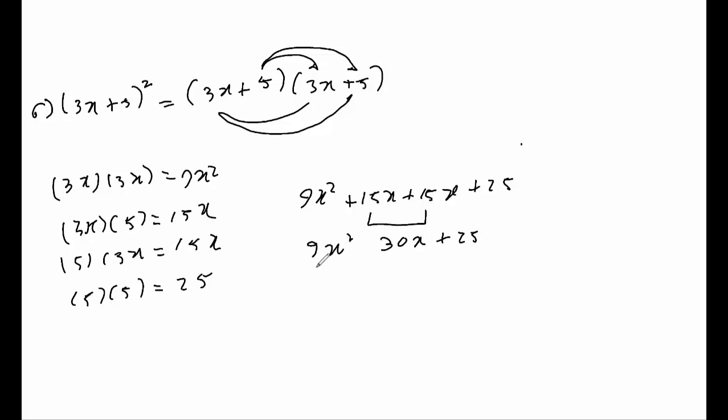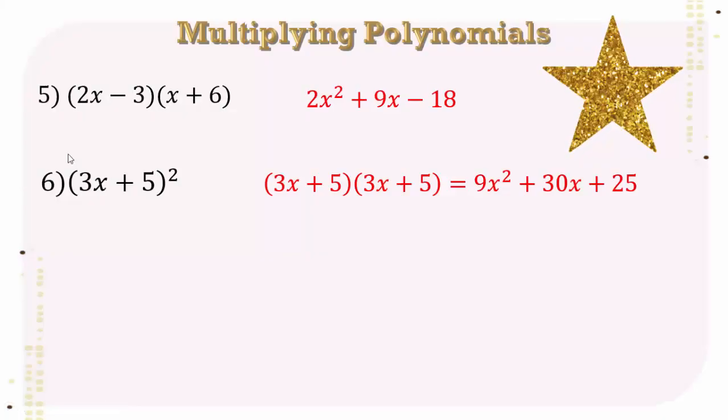And that is our final answer. We just saw that when we have a binomial squared, what that means is that we multiply the binomial twice. And we found that when we worked that out, we got 9x squared plus 30x plus 25.